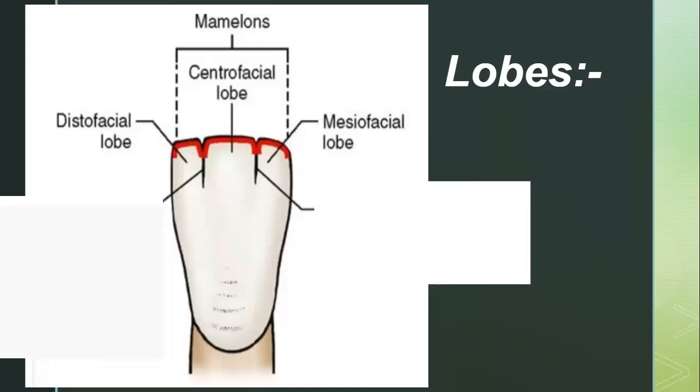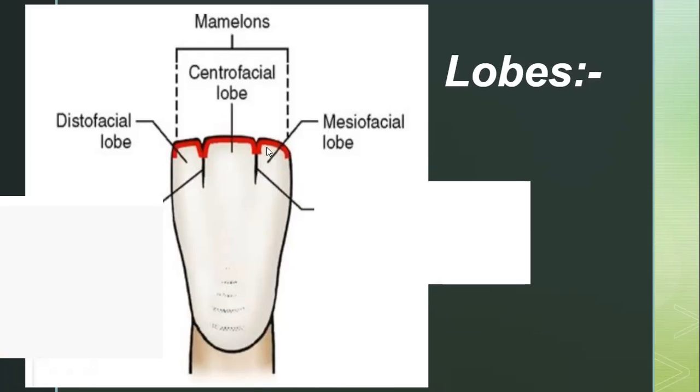The cusps and mamelons are basically representing the lobes. We have discussed cusps earlier, that the elevations found on the occlusal surface are cusps. Mamelons are the next terminology which we would be discussing in the next slide. So lobes are basically the primary parts from where the development of the crown occurs.